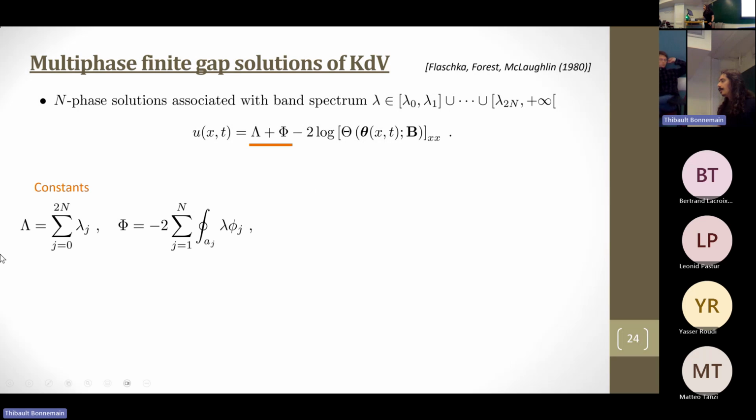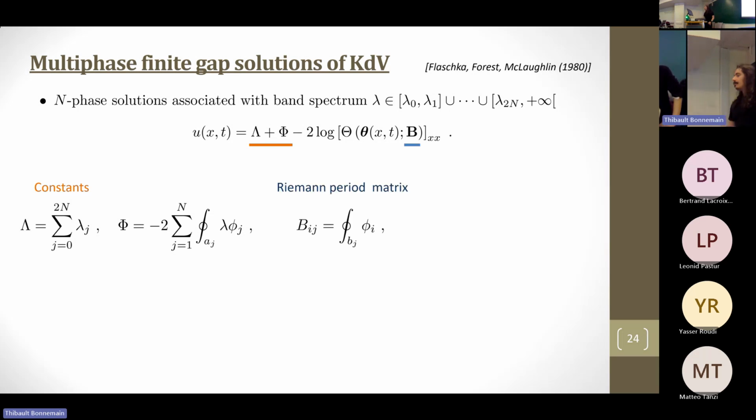First, lambda is just the sum of all the endpoints of the bands. Phi can be expressed in terms of the sum of integrals over the A cycles. The Riemann period matrix instead is integrals over the B cycles.